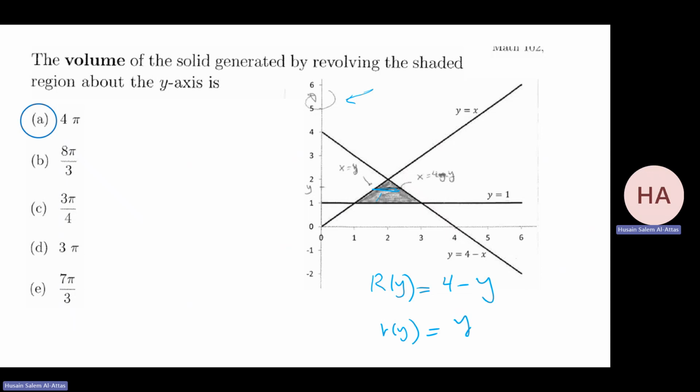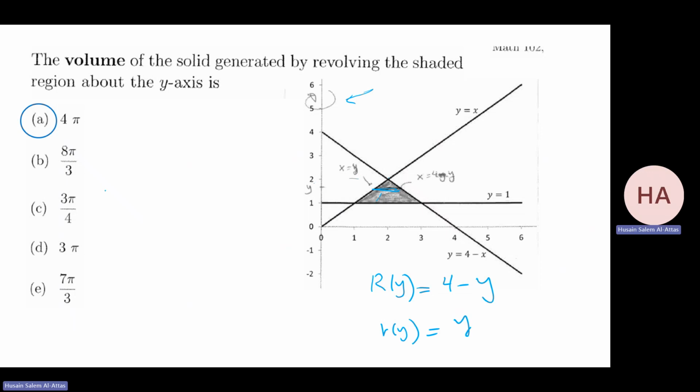Perpendicular to the y-axis. So it will be this one minus this one. From where to where? From 1 to this point, y, which is 2.